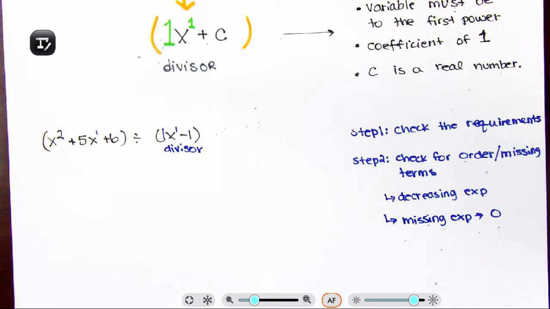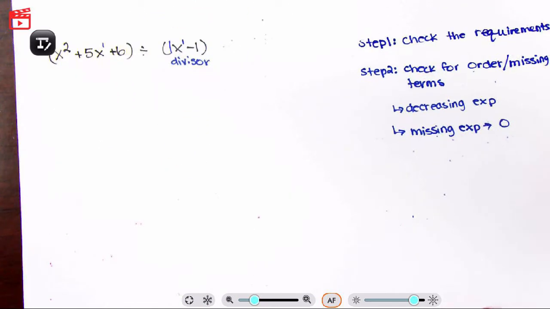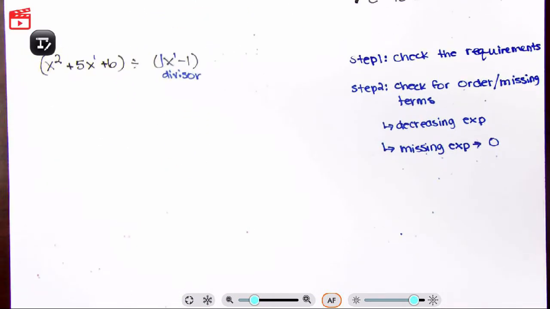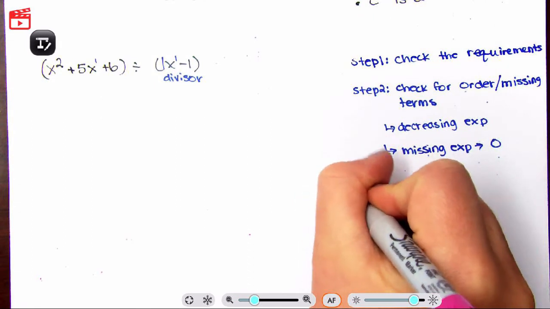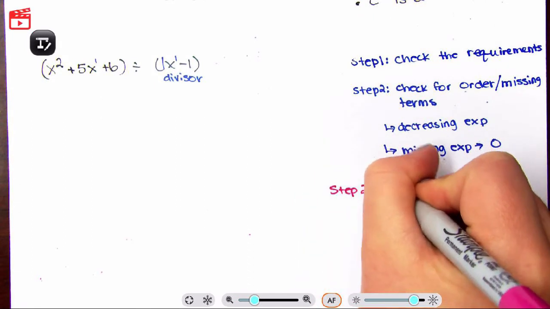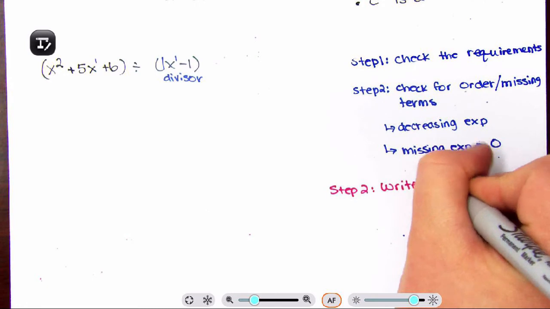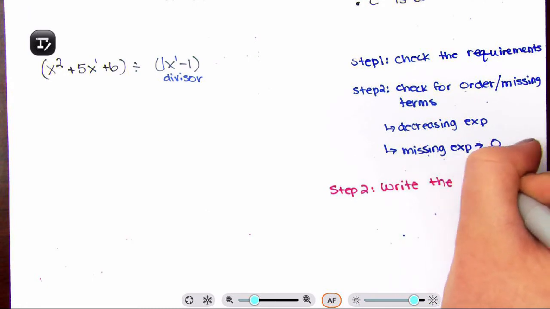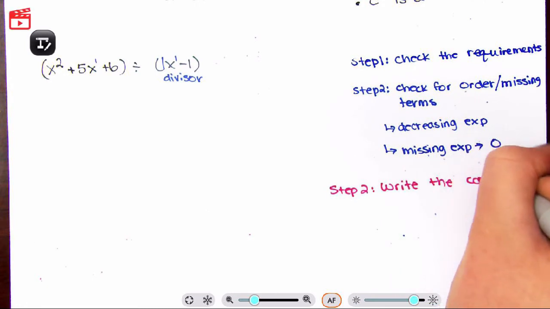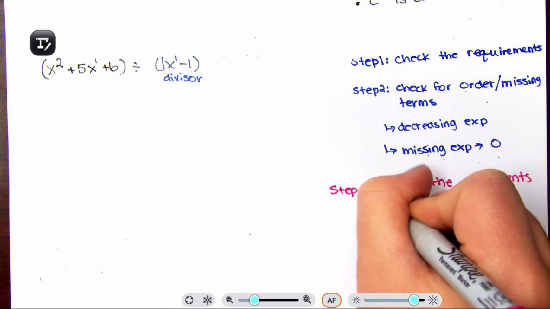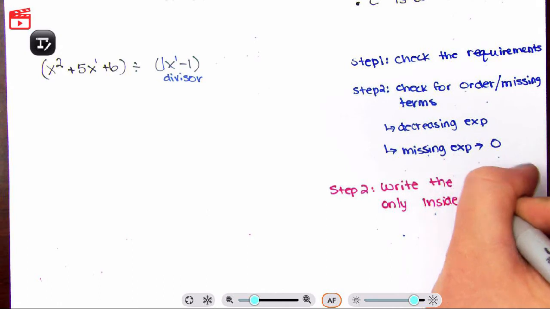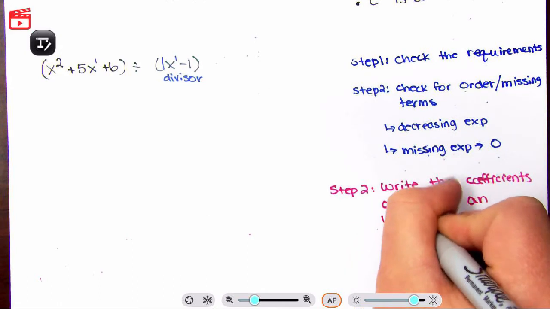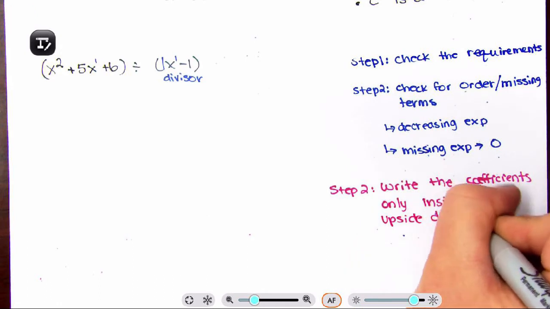So here is where the real work comes in. What you're going to do is write the coefficients only inside an upside down division symbol.